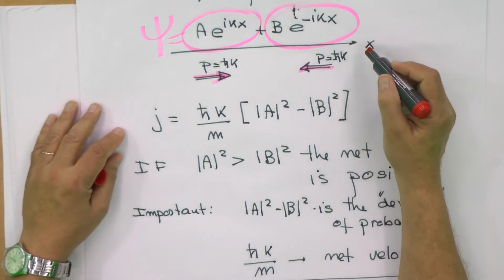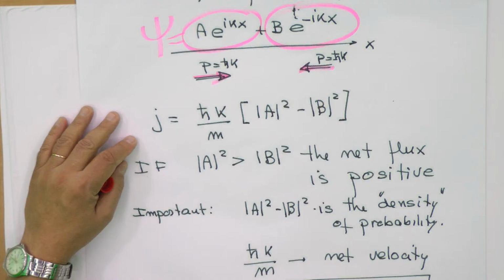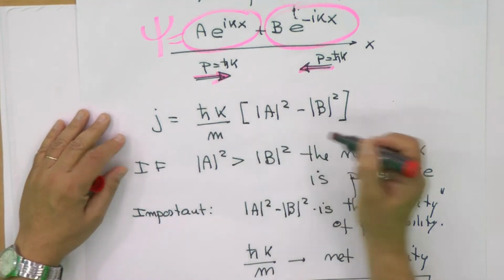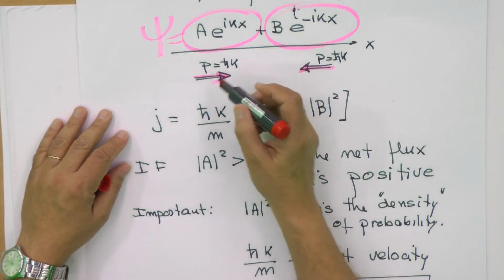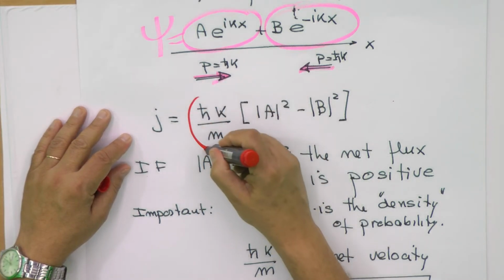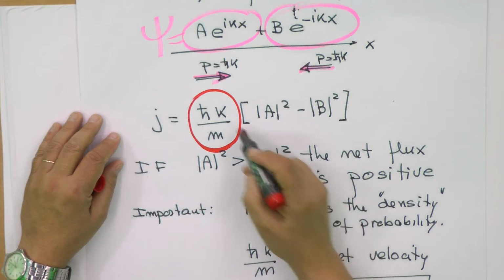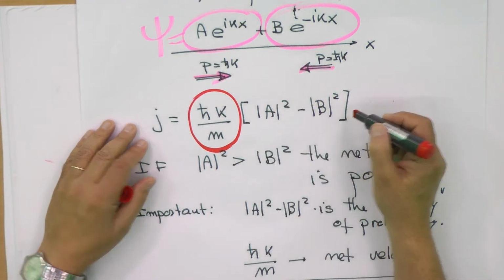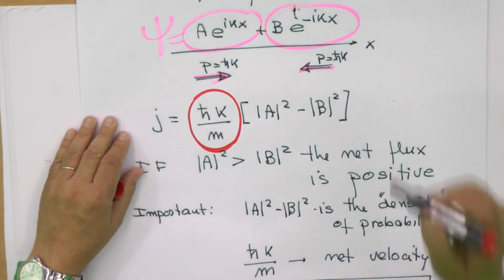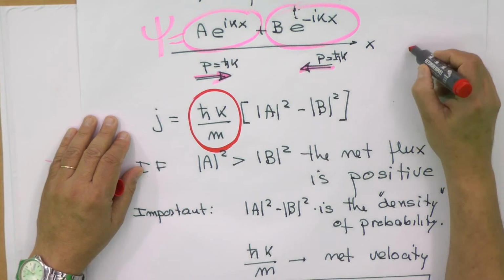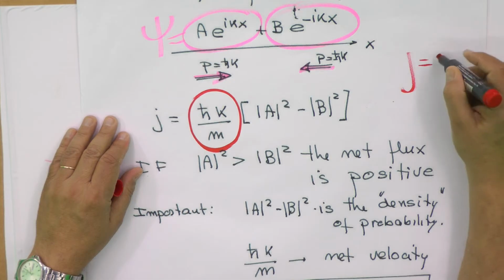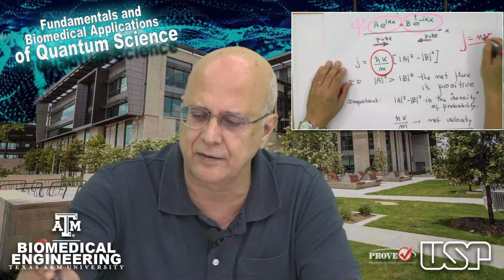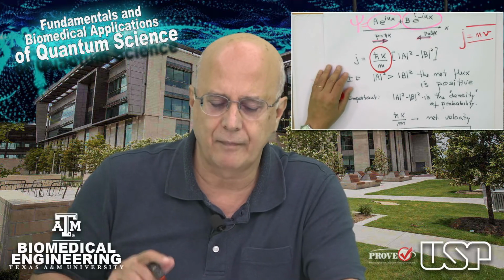If I take this wave function and calculate the flux, well, bingo, the flux of probability is this quantity, which is basically velocity. This is the momentum divided by mass, which is velocity, times the density, which, as we know from fluid mechanics, flux is equal to density times velocity. Just to remind you that, right?